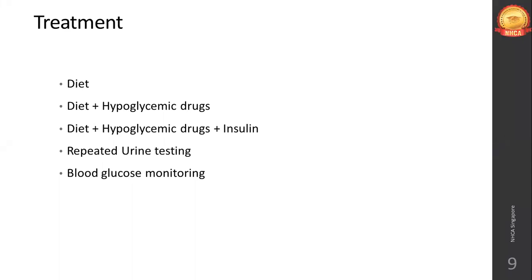Impaired glucose tolerance is usually the result you get for a person in the category of pre-diabetes. Then diet plus hypoglycemic drugs plus insulin for people who cannot produce insulin at all. Repeated urine testing has to be done. It should be a regular part of your routine. Blood glucose monitoring also.